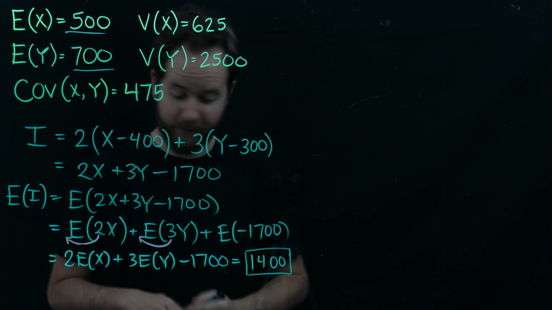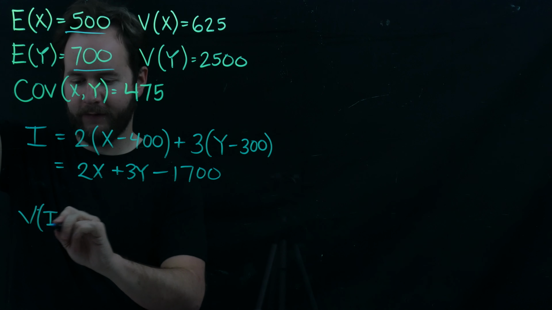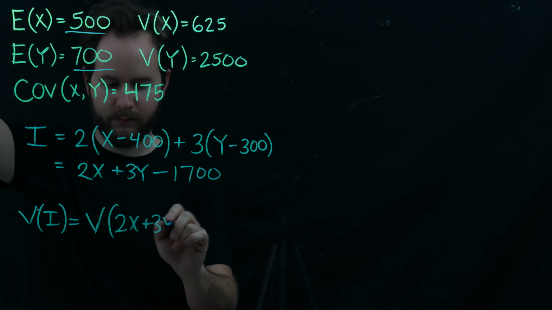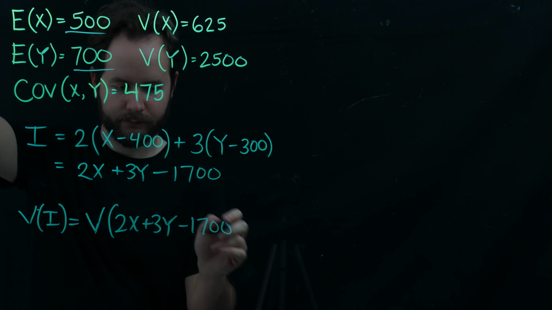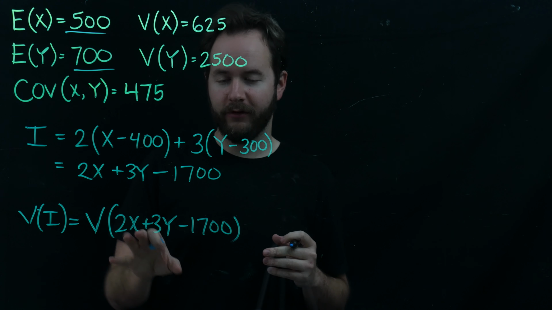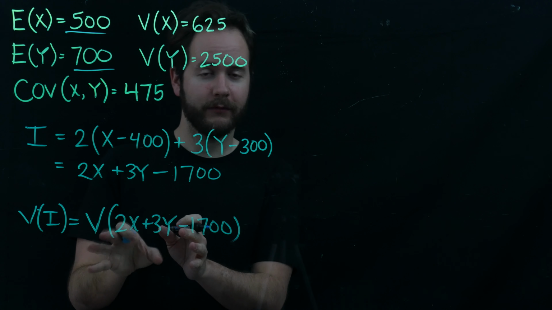Now we have to do a variance calculation. The variance is computed in similar fashion. We're going to have the variance of I, taking the variance of both sides. We can split the variance up, but we have to throw in a covariance term. So this is where things get weird. This is a really complicated expression. Variance is weird.